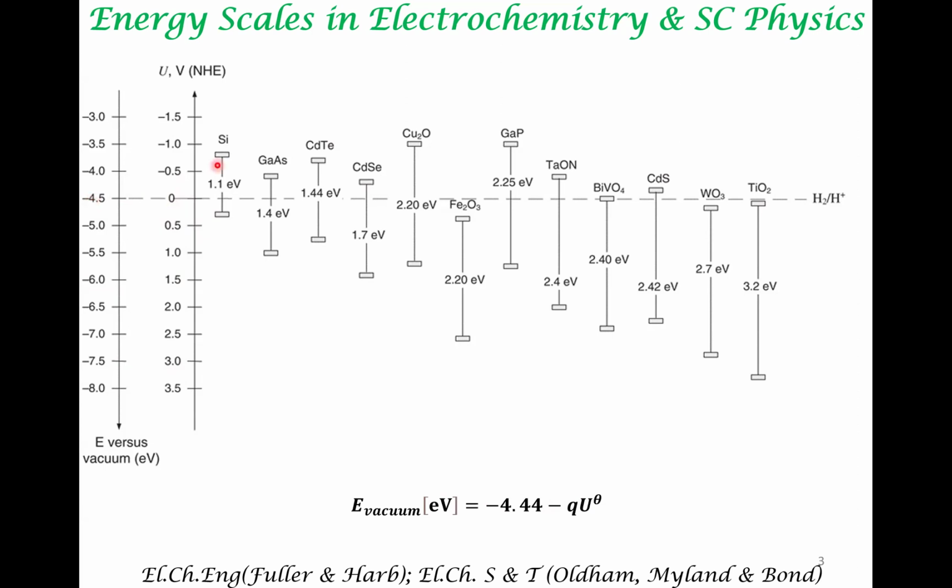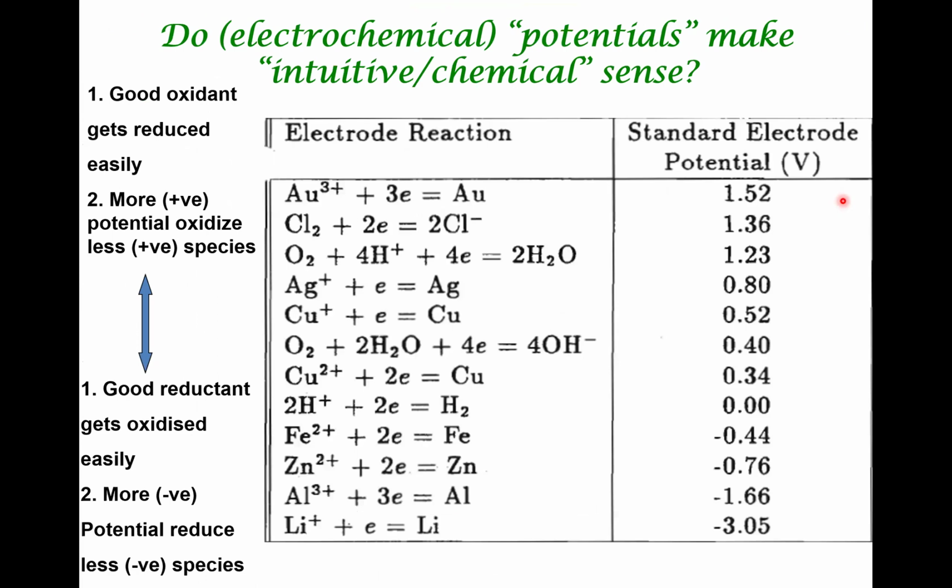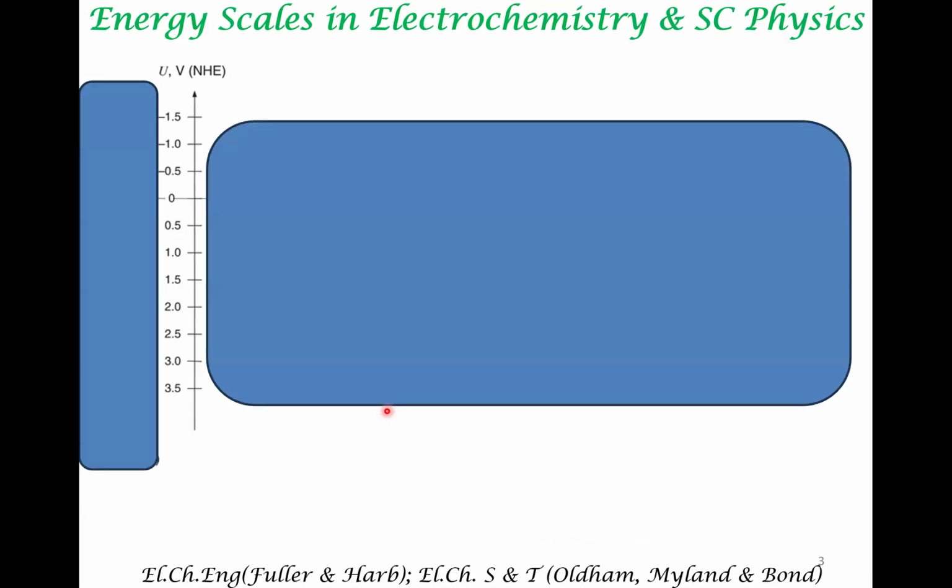The way to think about this is, supposing we have a redox couple, the redox couple we are interested in is this redox couple. That is, two protons are there in the electrolyte and two electrons are present in the electrode, and hydrogen gas is also present at unit activity in this system.